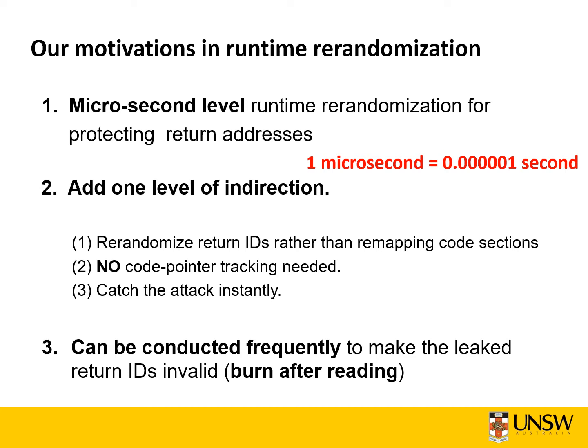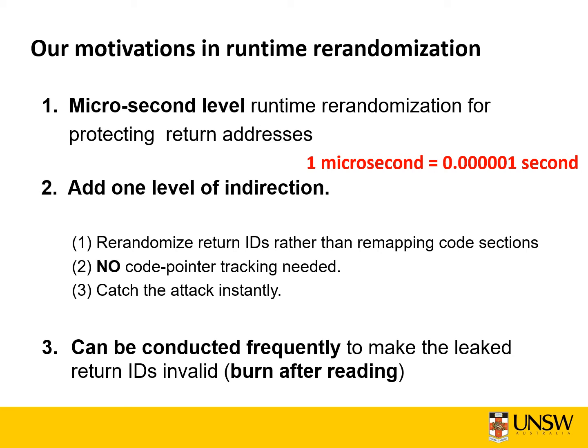In this slide, we give the motivations of our research. First, we want to provide a microsecond-level runtime rerandomization mechanism for protecting return addresses on the core stack. Second, we observed that by adding one level of indirection, we can re-randomize the return IDs rather than remapping code sections.